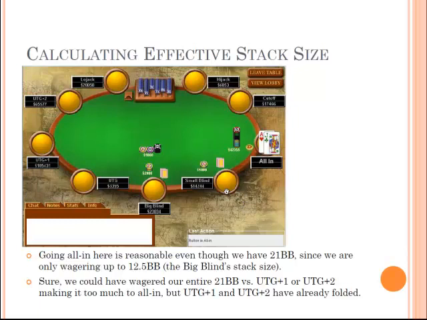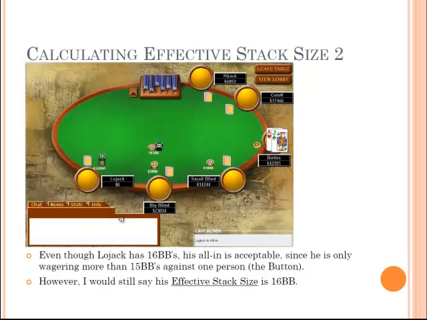So here's another example. The low jack here has 32,000, so they have 16 big blinds, which is a bit more than 15. But when they consider their situation, this is an acceptable all-in, because even though they're risking 16 big blinds, they're only risking it against one player, right?